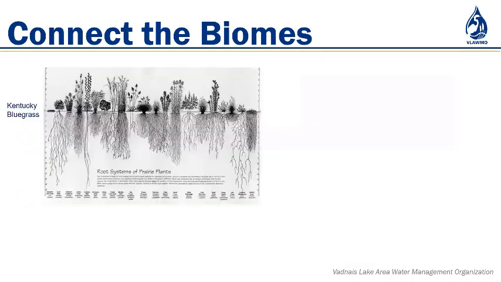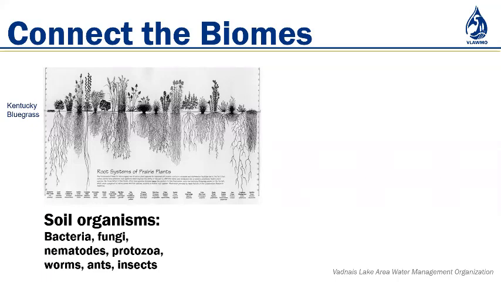We are connecting the biome itself. And by this, I mean underground biomes have a whole lot going on between the nematodes and all the critters that will be using plant roots. Air and water are supposed to circulate through soil, and soil can be storing lots of water if it is in a healthy biome.